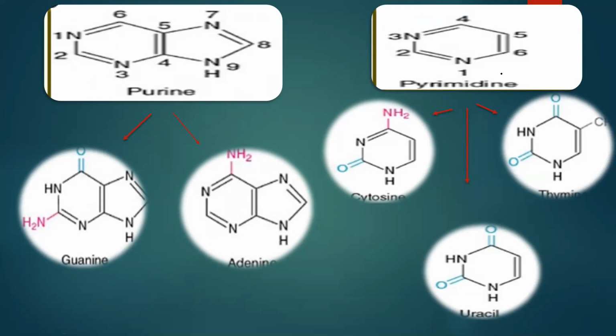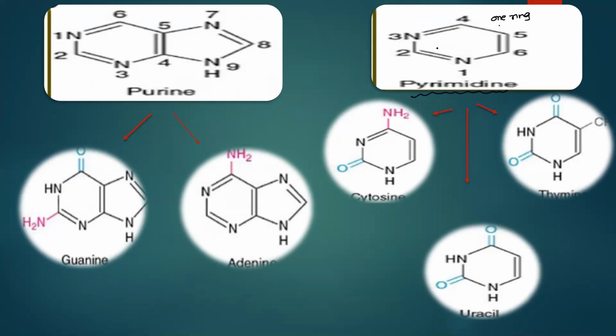Pyrimidine is formed of one ring. And the ring is what?